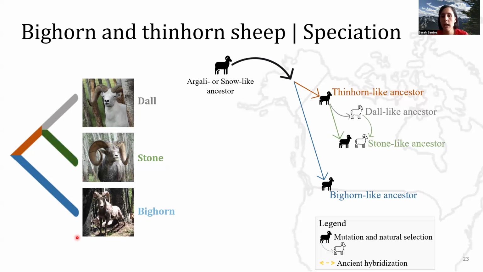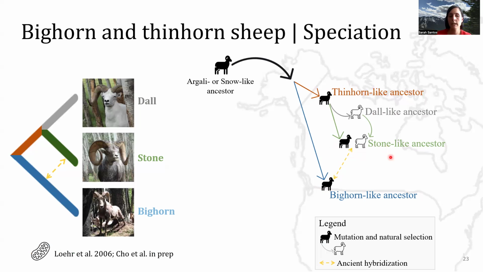And then we could either have a Dall-like ancestor that became a Stone after hybridizing with bighorn sheep, or we can have the ancestor of Dall, so the thinhorn here, that would hybridize with bighorn. So in either case, hybridization would have reintroduced the darker coat color into the Stone lineage.